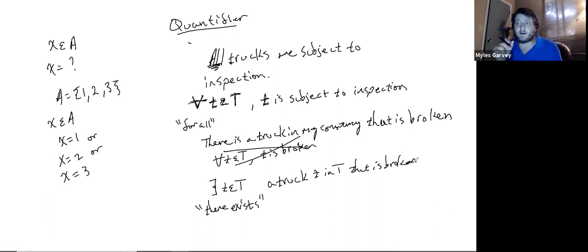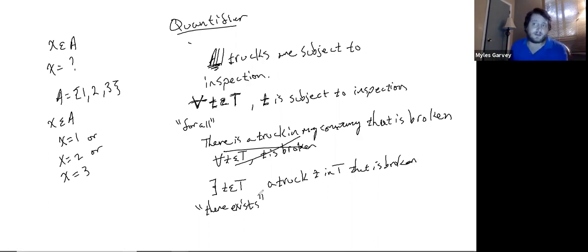So notice how we represent mathematically two radically different statements. The first one says this statement needs to be true for every truck. The second statement says there needs to exist at least one truck. There could be more broken ones, but there needs to exist at least one.